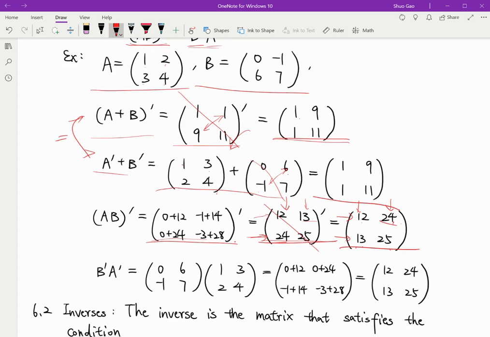And then we calculate B transpose times A transpose. So B transpose, as I said, is 0, 6, minus 1, 7. A transpose is 1, 3, 2, 4, right? And then you calculate this and you find that it's the same matrix as A times B transpose.